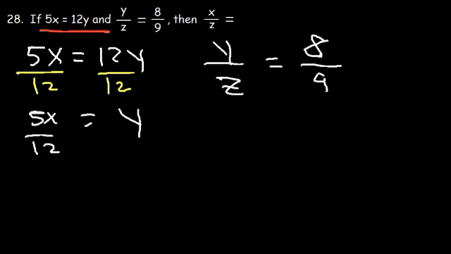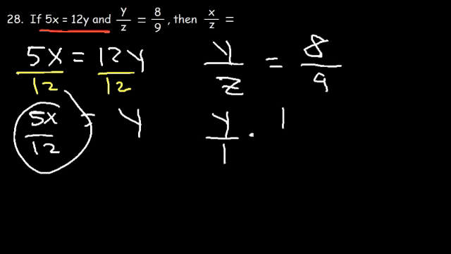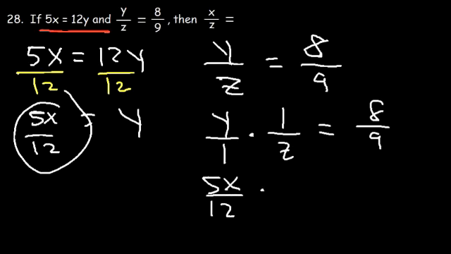We can replace y with 5x over 12, but before I do that, I'm going to rewrite the equation like this. y over z is the same as y over 1 times 1 over z, which is 8 over 9. So therefore, y over 1, which is basically y, we can replace that with 5x over 12 times 1 over z, and that's equal to 8 over 9.